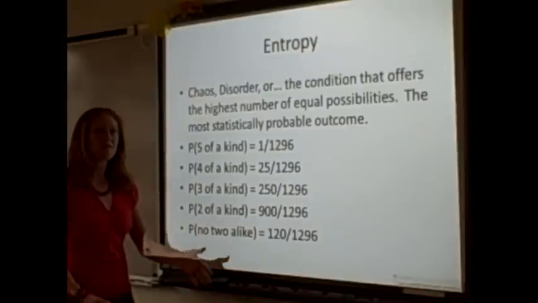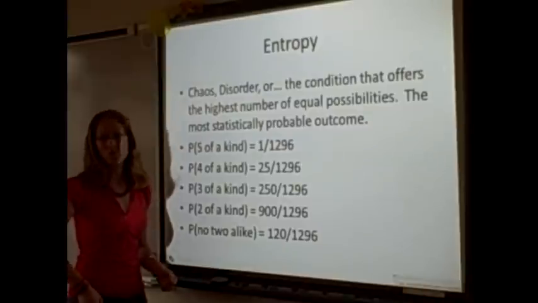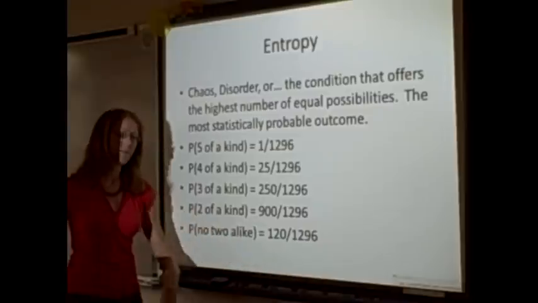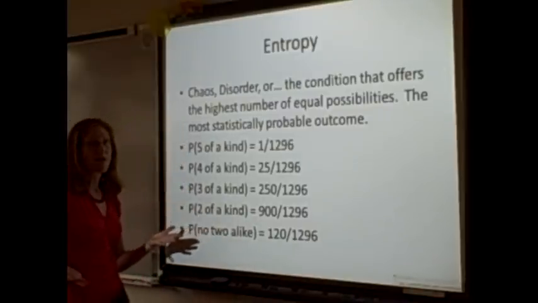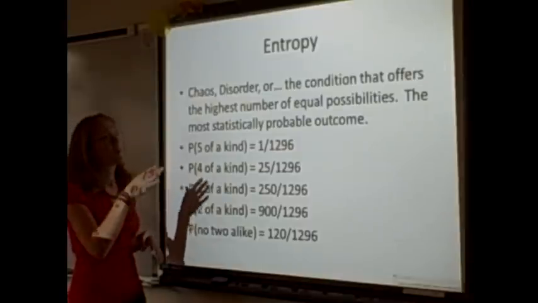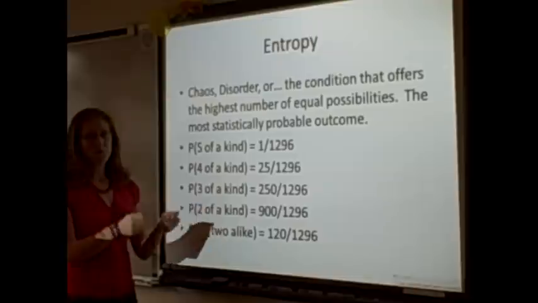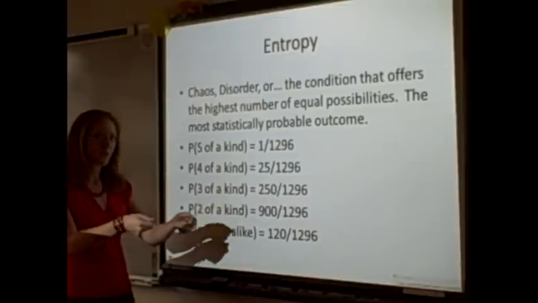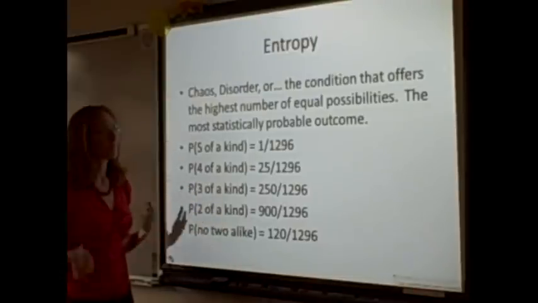It's all very messy, it's all very chaotic, but they're arranged in many different ways, and it's all equal, whether you throw your shirt here or there. You have the highest number of equal possibilities to throw your clothes on the floor, and there's only one way to fold your clothes very neatly and have shirts in one drawer, pants in another, and have them arranged by order of color.